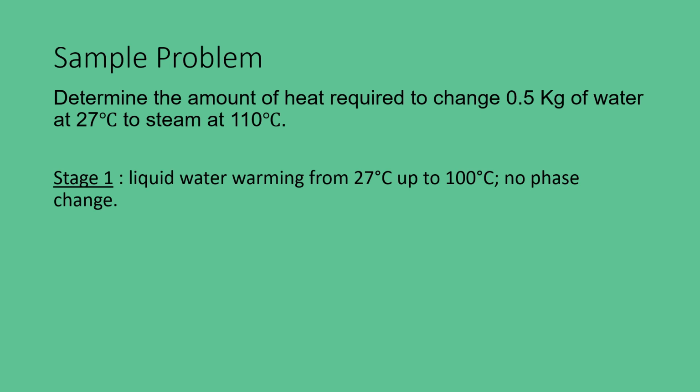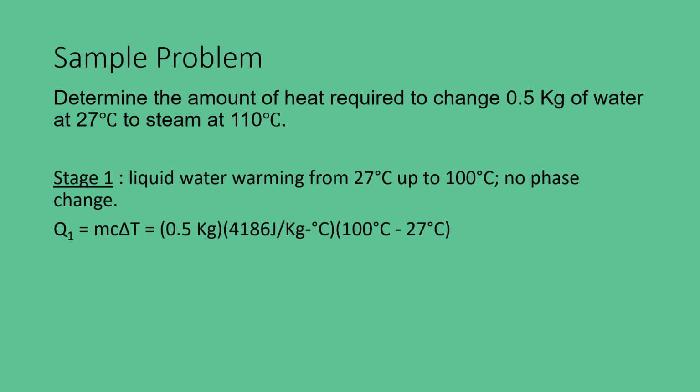liquid water is warming from 27 degrees Celsius up to 100 degrees Celsius. No phase change. So, we can use the formula Q is equal to mc delta T, using the specific heat of water at its liquid phase.